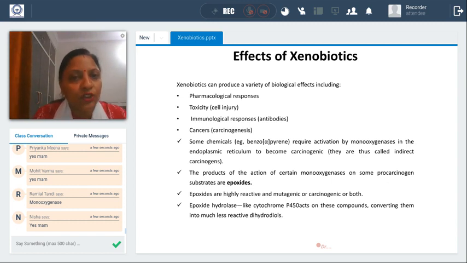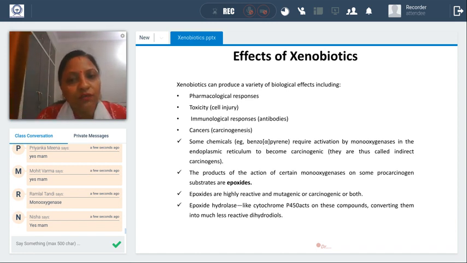Effects of xenobiotics. Xenobiotics can produce a variety of biological effects, including pharmacological responses, toxicity like cell injury, immunological responses by producing antibodies, and cancer, a process called carcinogenesis. Some chemicals like benzo[a]pyrene require activation by monooxygenases in the endoplasmic reticulum to become carcinogenic, so they are called indirect carcinogens.